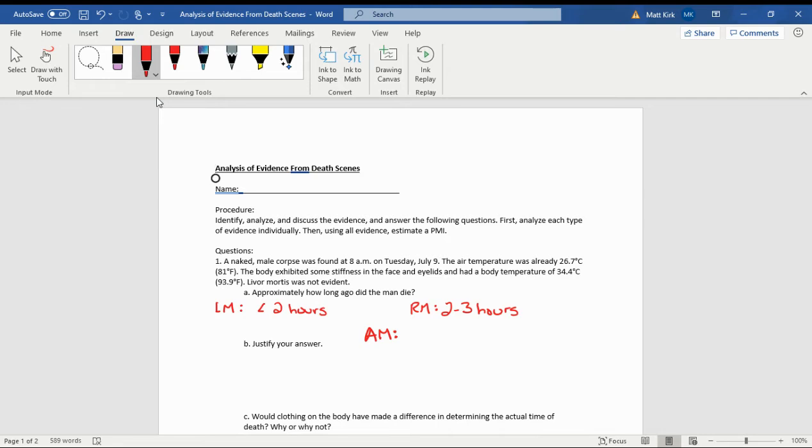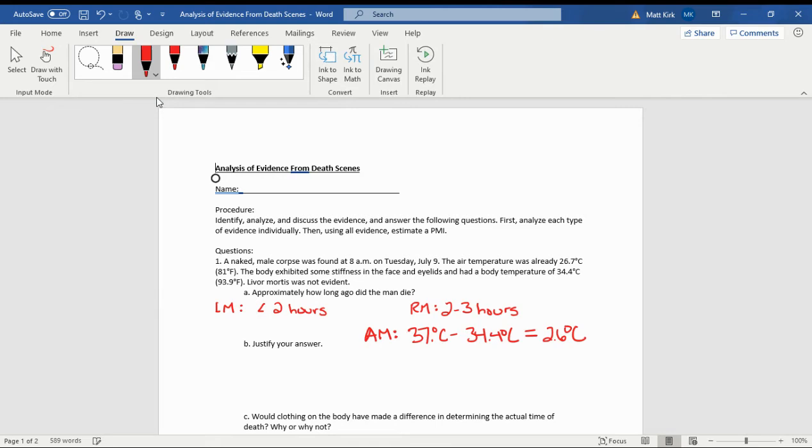So when we have that higher initial body temperature, we just take our normal standard human temperature, 37 degrees Celsius, minus 34.4 degrees Celsius. So 37 minus 34.4, we get 2.6 degrees Celsius as our change.